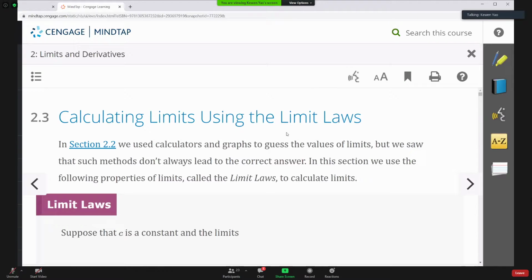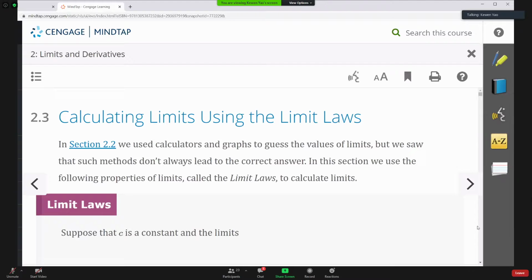Now in this section, we have to learn something about the limit laws to find the limit without using any graphs, right? So this is the topic in section 2.3. The title is calculating limits using the limit laws.